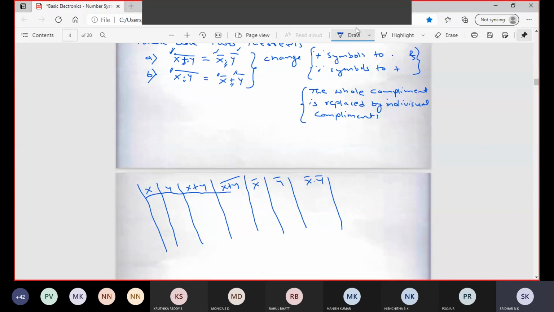Sir, x dot y the whole bar, that one, sir. This one, the second one. No, we'll prove first, and then we'll move on to second. First, we'll prove this A, then we'll move to B. Separately we have to do.